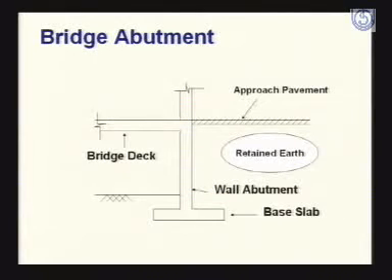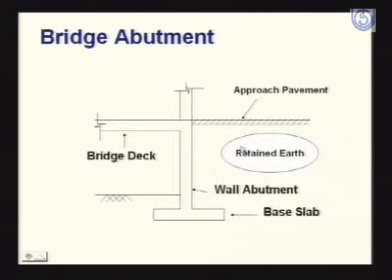Generally you come across bridges, and in these bridges, bridge abutments are walls of this category, meaning walls that form a part of another structure. Here the main structure is the bridge, but this end panel or end wall is the wall abutment, and this acts as a retaining wall.